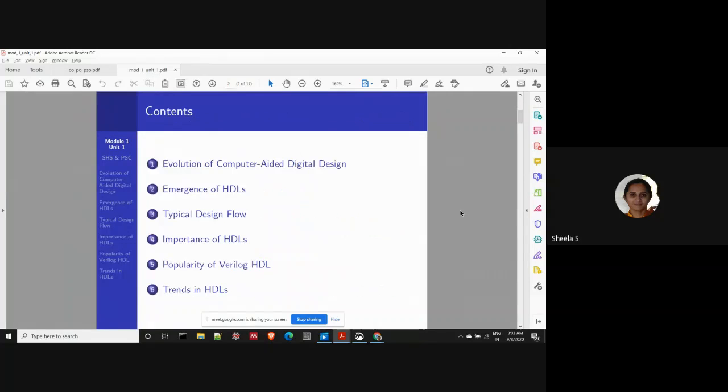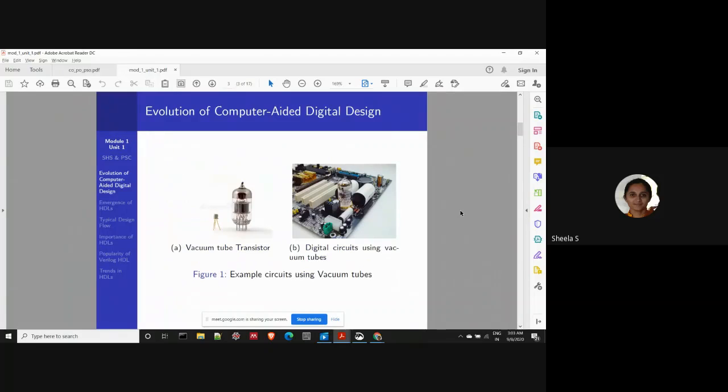So these are the corresponding contents we are having for this unit. First, before considering the evolution of the CAD tool, we have to consider what was the problem faced by the designers. In this image we can observe the discrete components like a transistor, and similarly vacuum tube transistors.